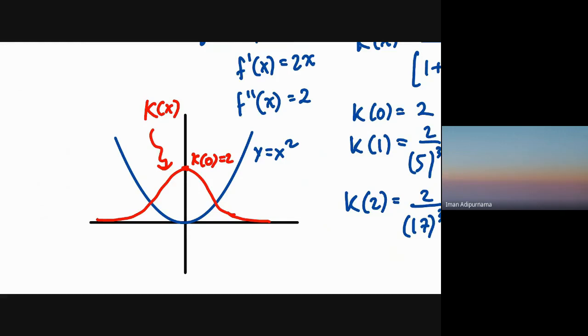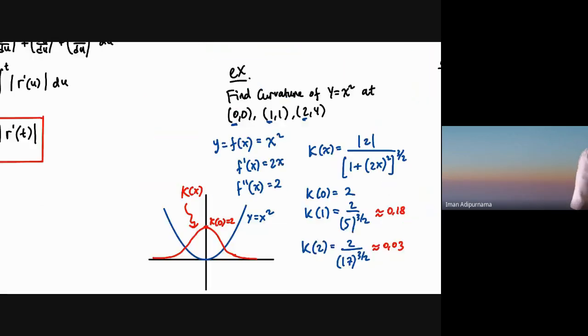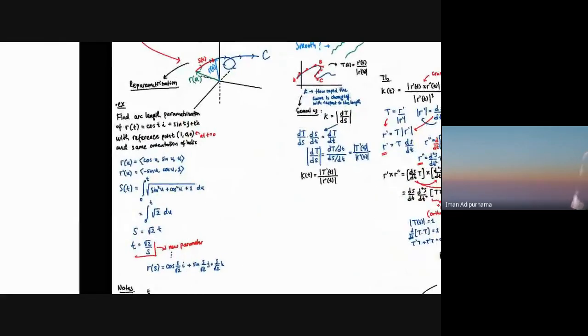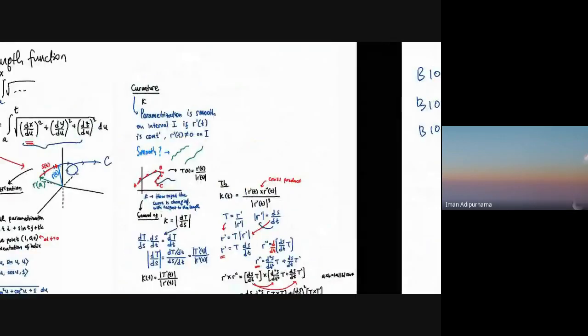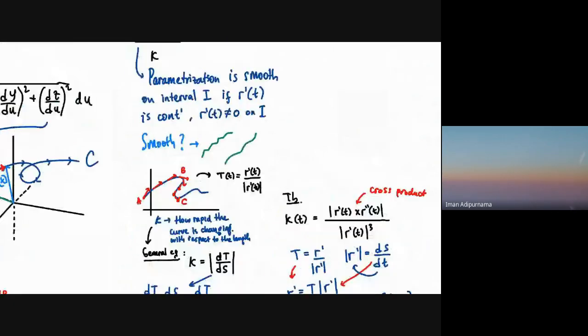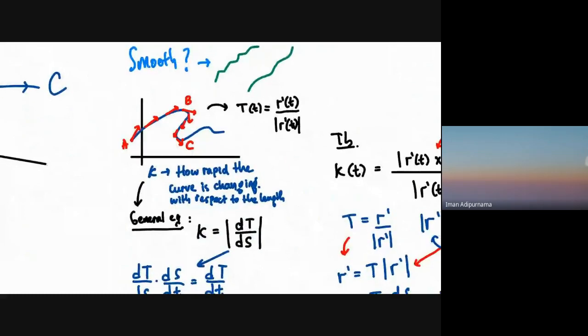I think this way will also help you understand what the curvature really means. It may be difficult to understand through all these formulas, but basically the first definition is that the curvature is how rapidly the curve is changing with respect to its length, the arc length.